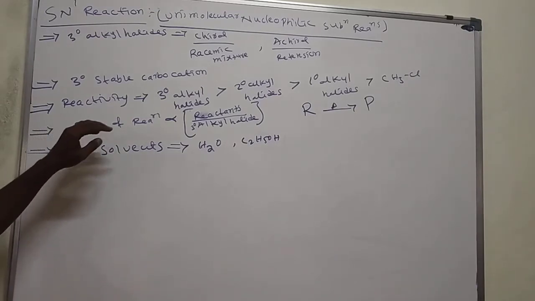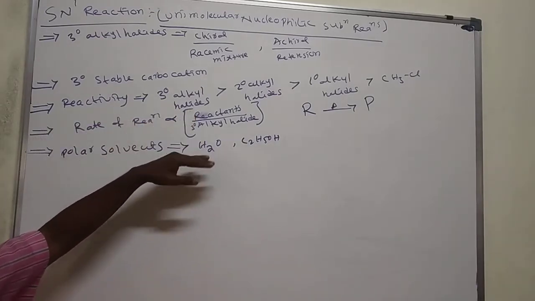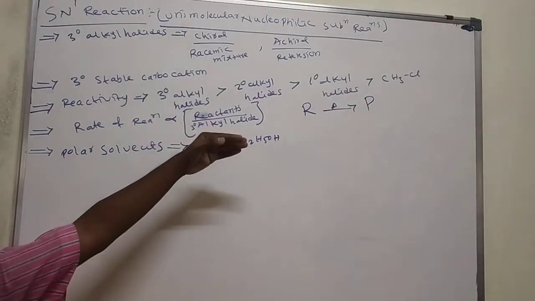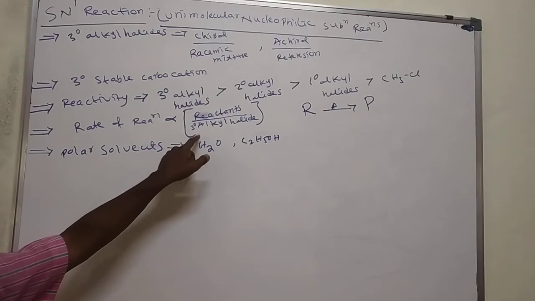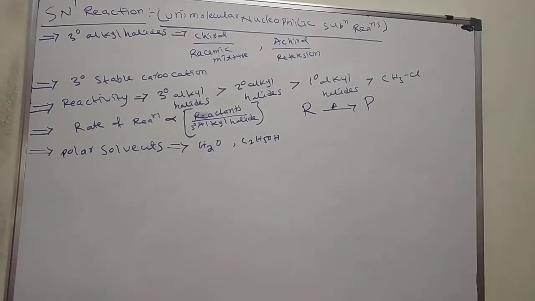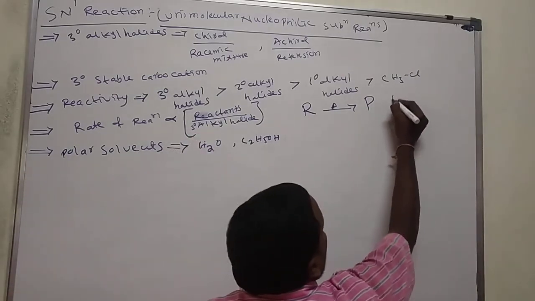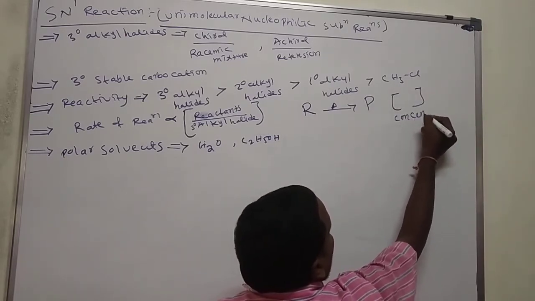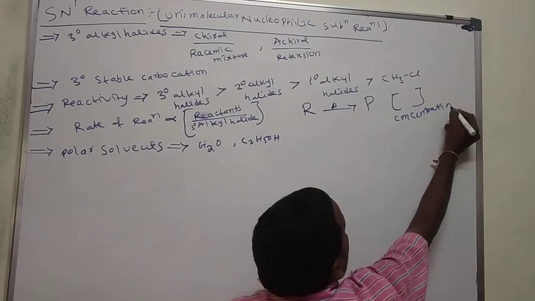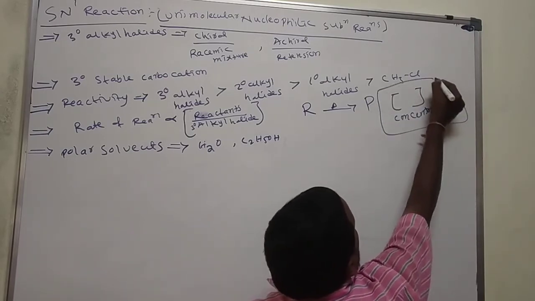The rate of the reaction is directly proportional to the concentration of the tertiary alkyl halide. Square bracket means concentration. Remember this.